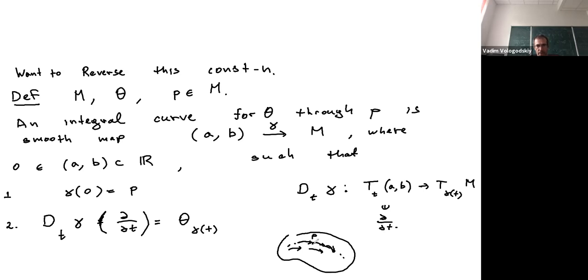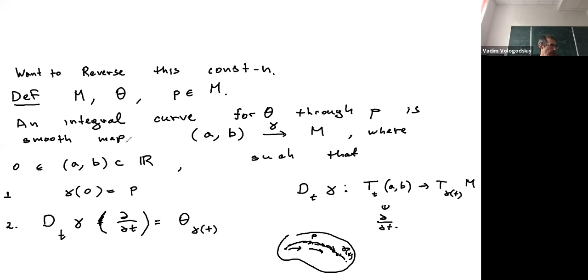In particular, if I have a path passing through a point, then it determines a tangent vector at this point. So my requirement is that this should be a path such that the tangent vector at every point corresponding to this path is my theta. So that's the notion of integral curve.